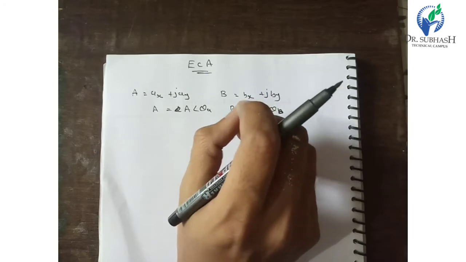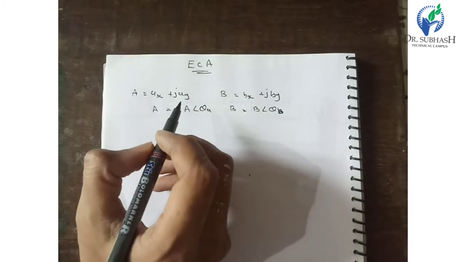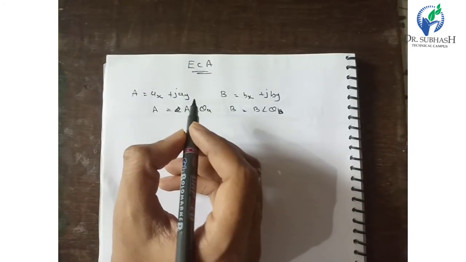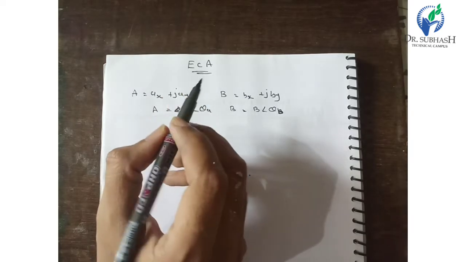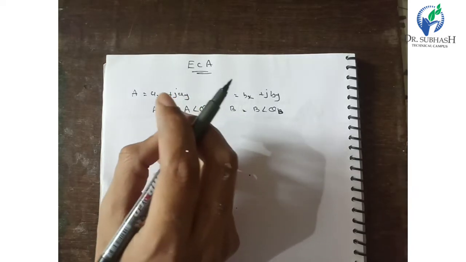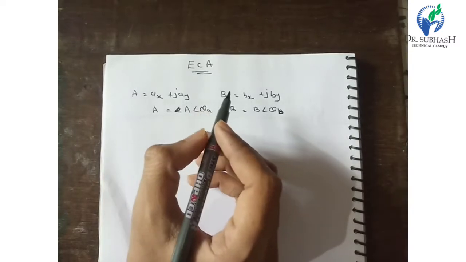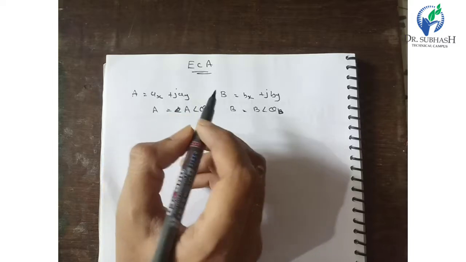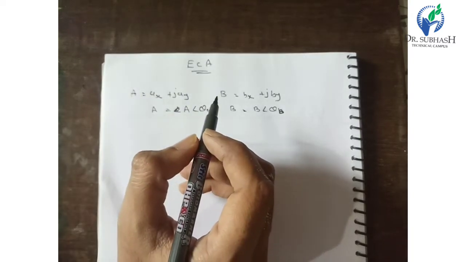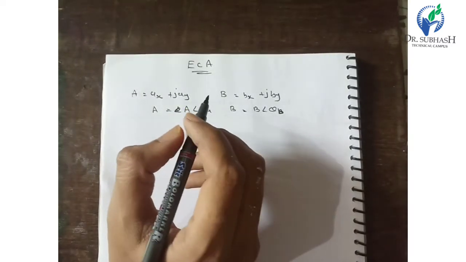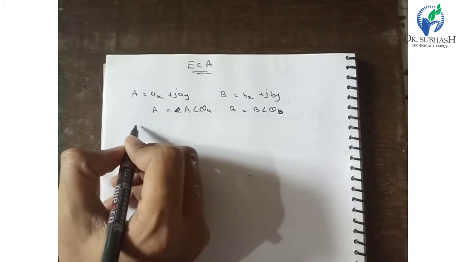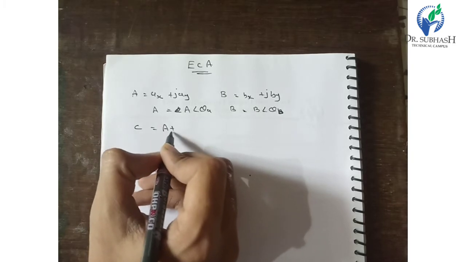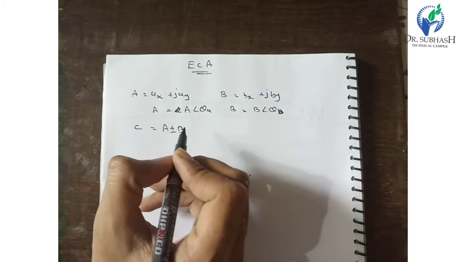In this case, the two phasors are to be transformed to rectangular form. The rule for the addition and subtraction operation is that the real and imaginary parts have to be treated separately. Here c is equal to a plus or minus b.